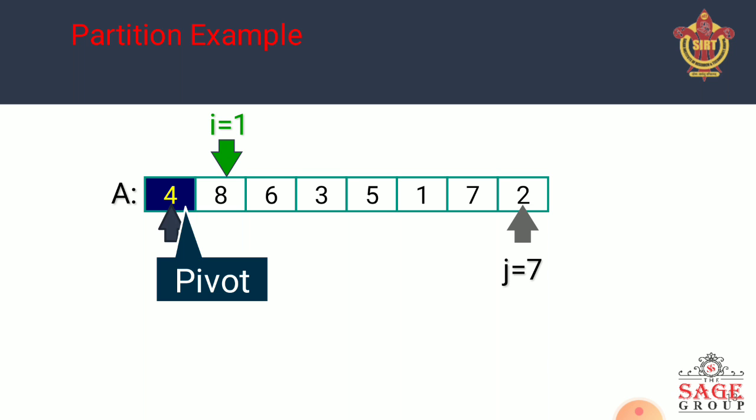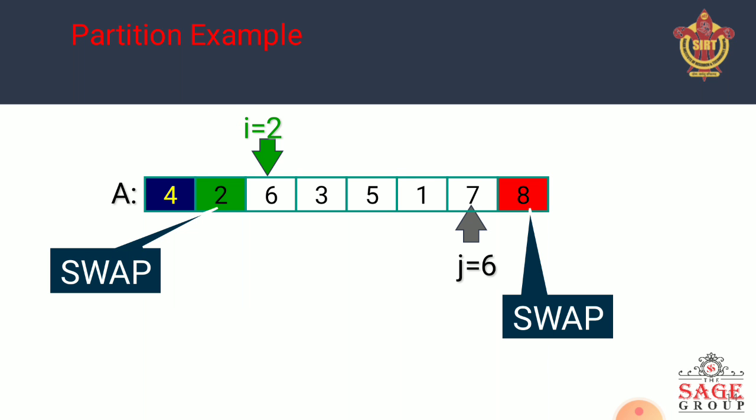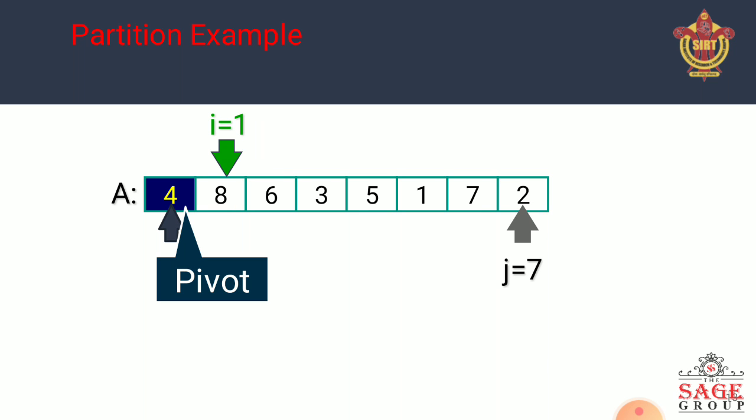j will search for an element which is smaller than the pivot value. We have seen here that 8 is larger than the pivot and 2 is smaller. When we find these two conditions, we swap the ith element with the jth index element.